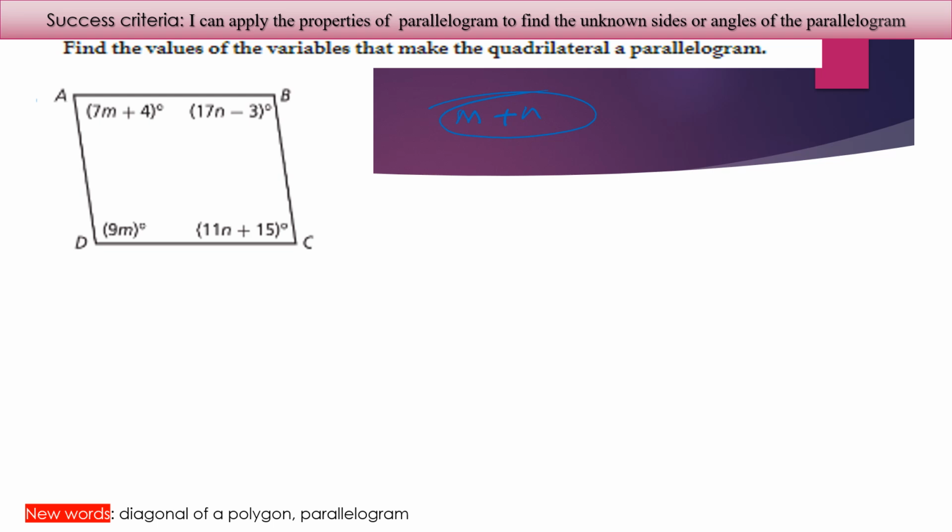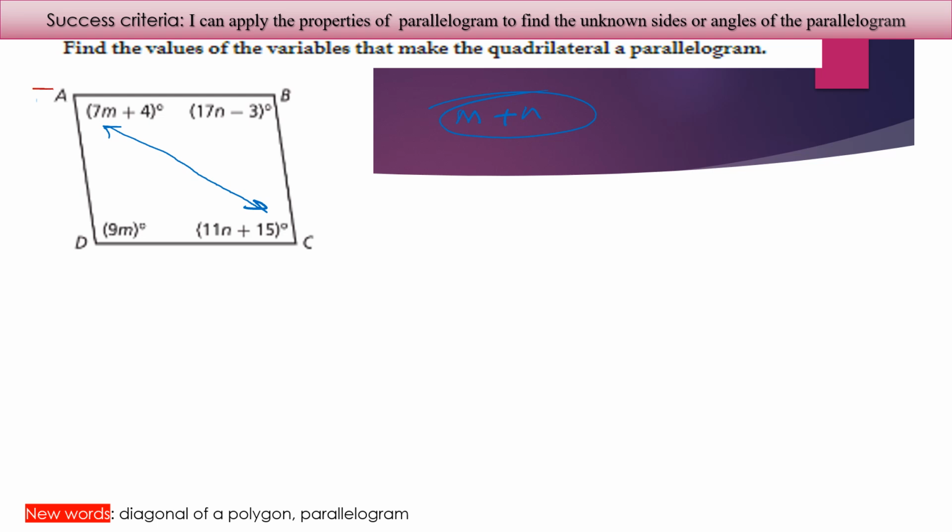So I can say that 7m plus 4 is equal to 11n plus 15, but to find unknown variables, I cannot write that 7m plus 4 and 11n plus 15 like this mathematically and solve it. No, it is the wrong way. So what will be the correct way to find out the unknown variable in this case?